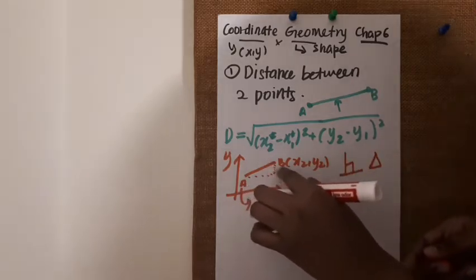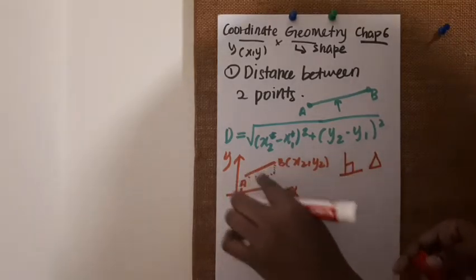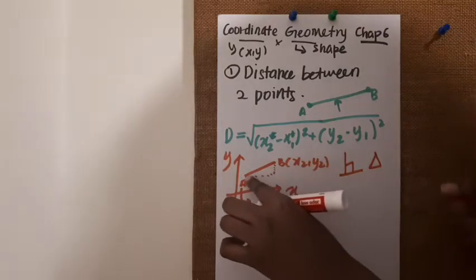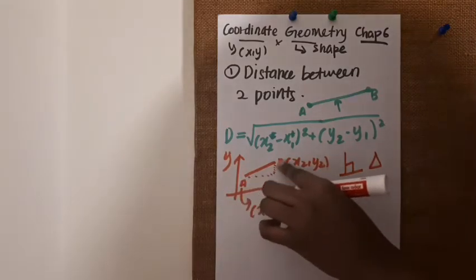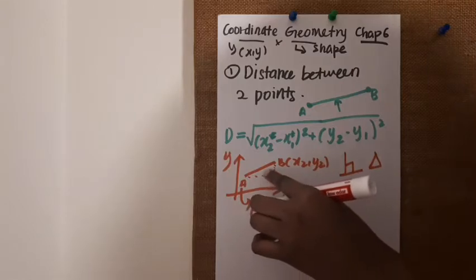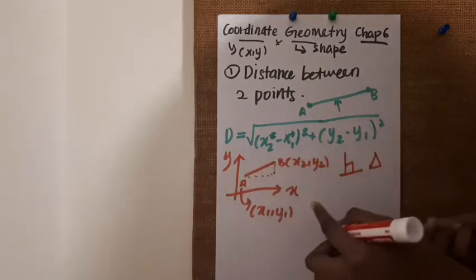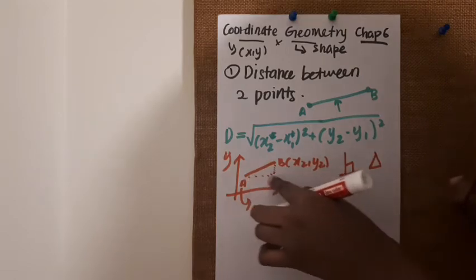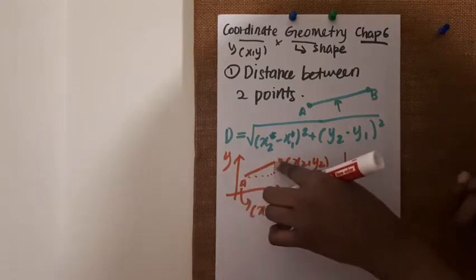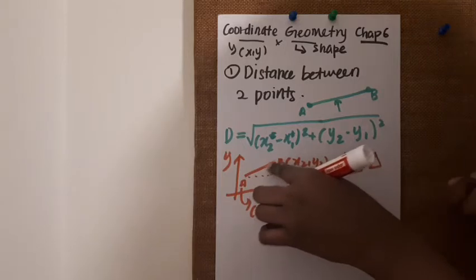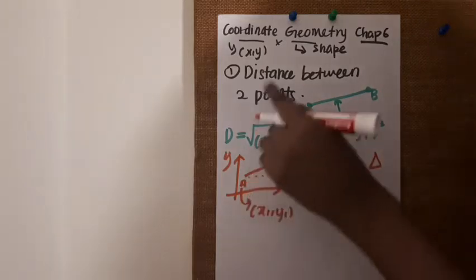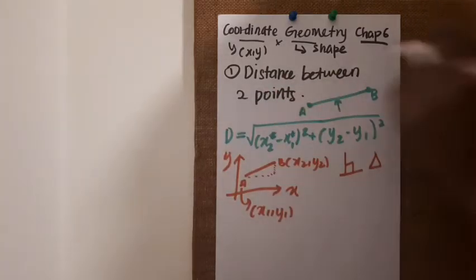This is called the hypotenuse, and these are called the height and length. So how to find the length of the hypotenuse? We usually use this one squared plus this one squared, and the square root of this. So that is how we got the distance formula.